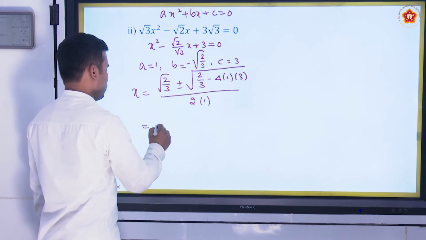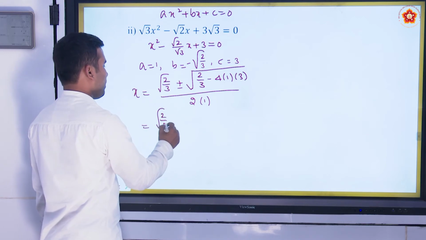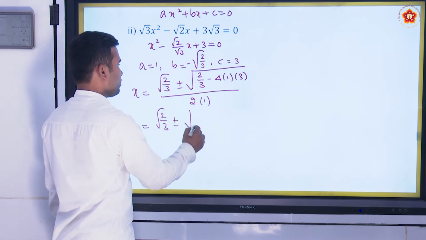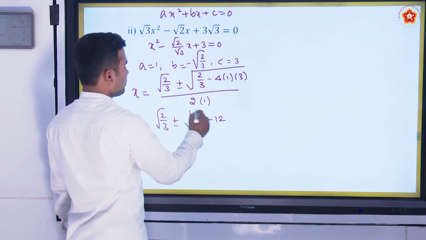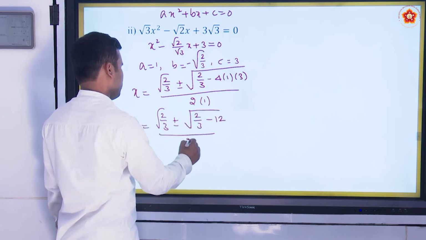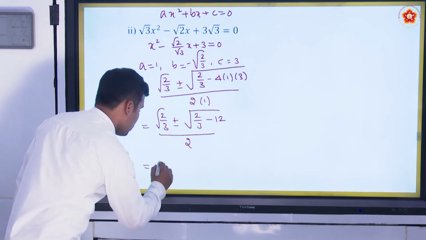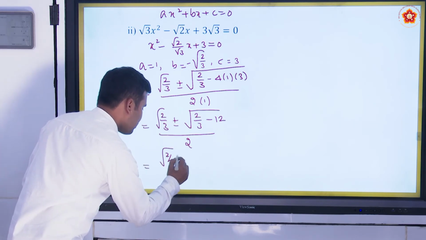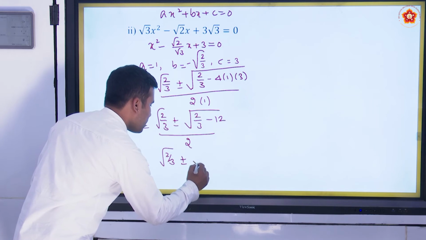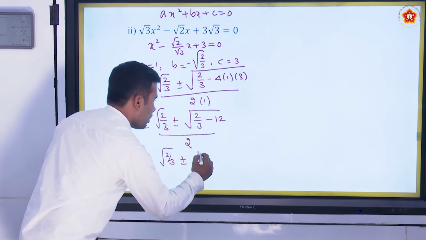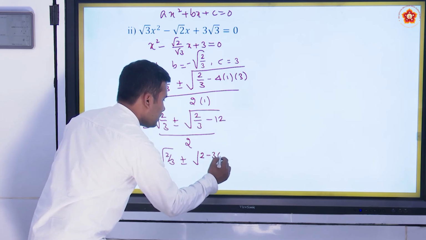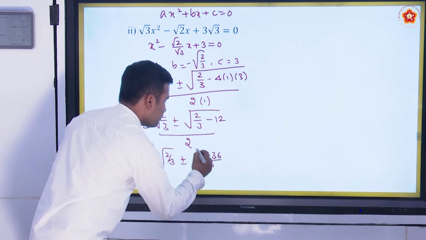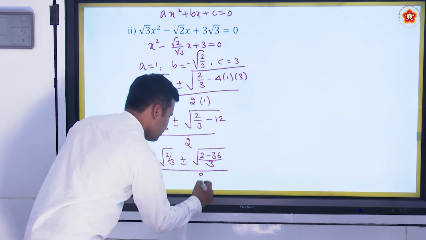So, this is equal to root 2 by 3 plus or minus square root of 2 by 3 minus, 4 threes are 12, divided by 2. So, this is equal to root of 2 by 3 plus or minus, you can simplify this, 2 minus 3 into 12, 36, divided by 3, whole divided by 2.